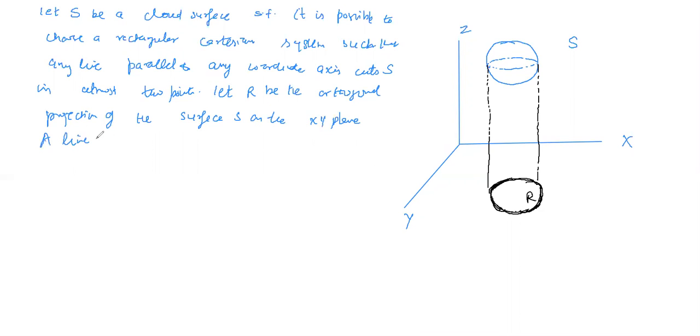A line through a point (x, y, 0) of R meets the boundary of S in 2 points.